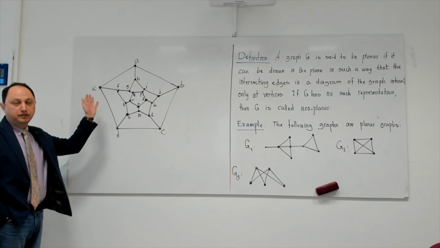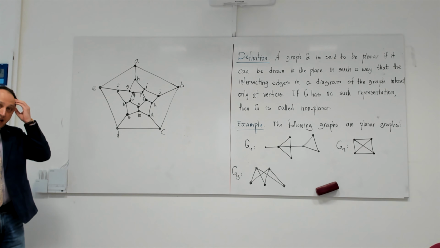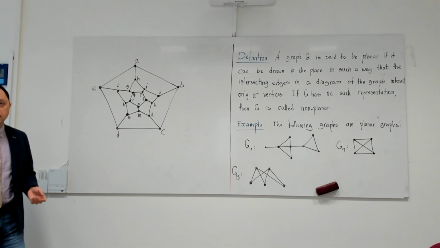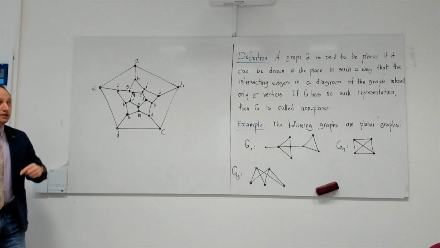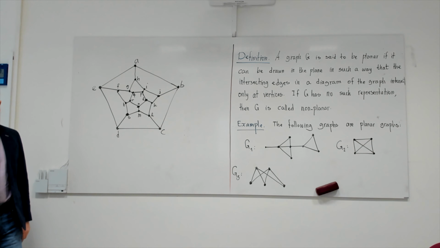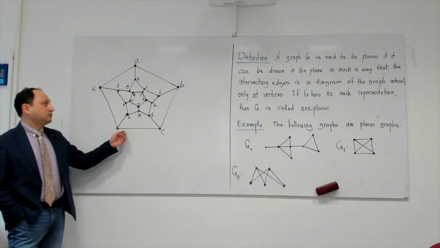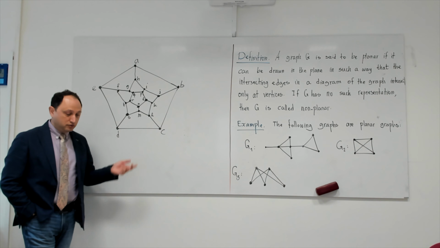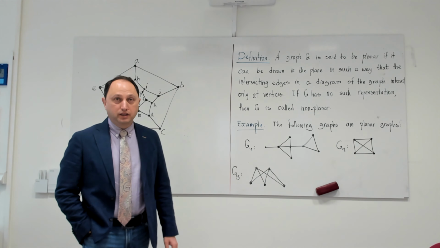You are not allowed to repeat any vertices at all, but you have to come back to the same starting point. If you can find a cycle like that, which covers all the vertices of the graph exactly once and returns to the same point that you started with, that cycle is called a Hamiltonian cycle. And if we have a graph containing one of those cycles, the corresponding graph is called a Hamiltonian graph.